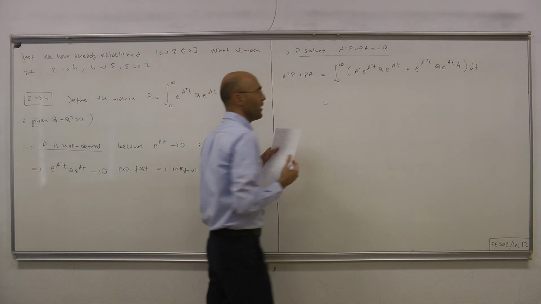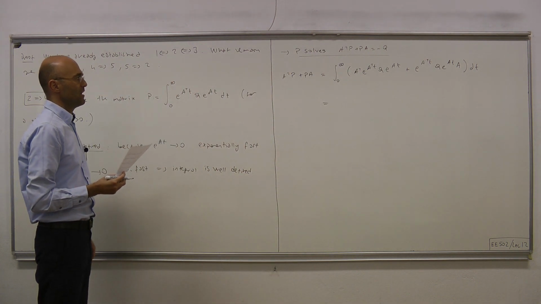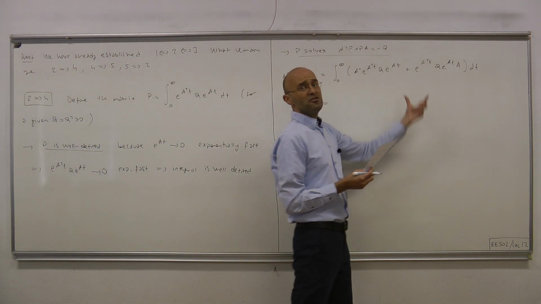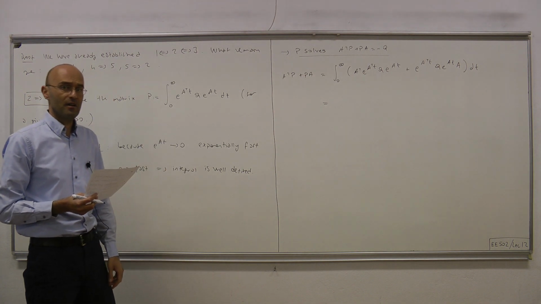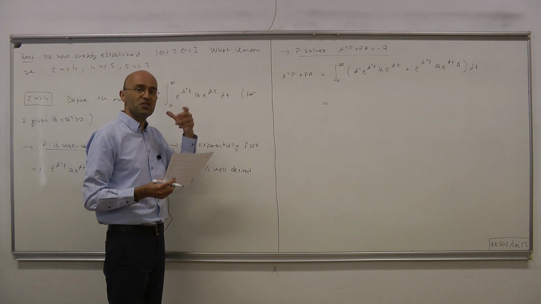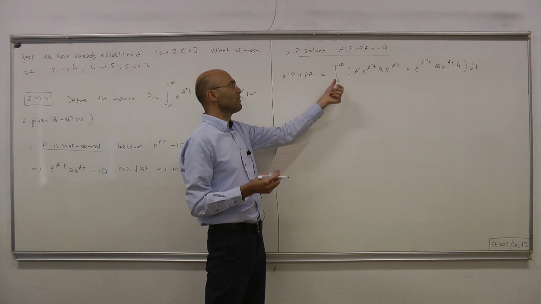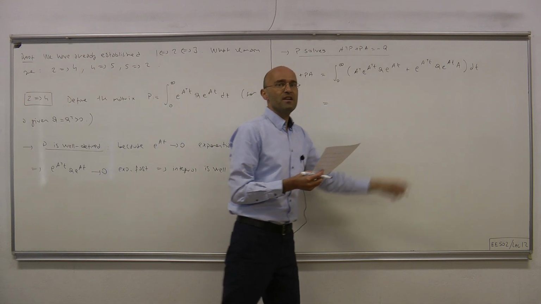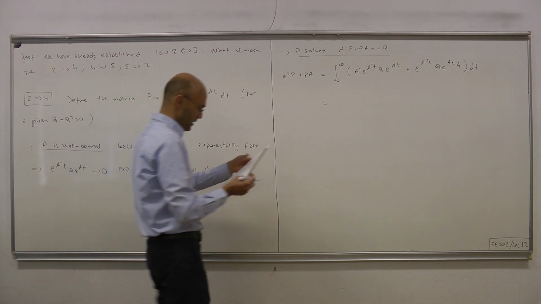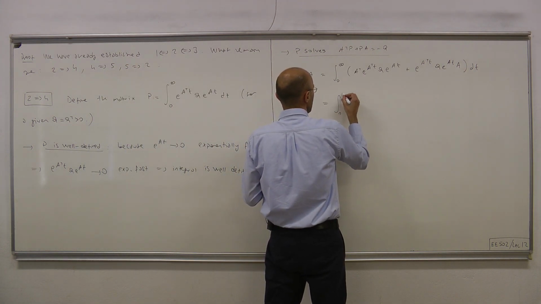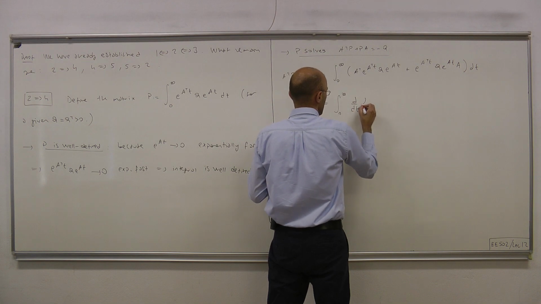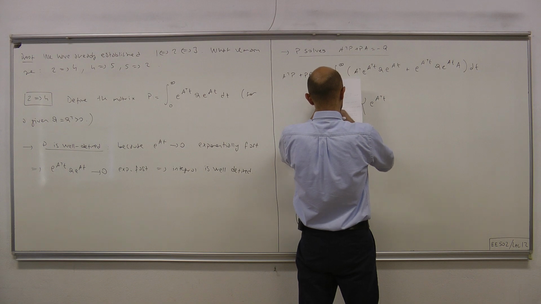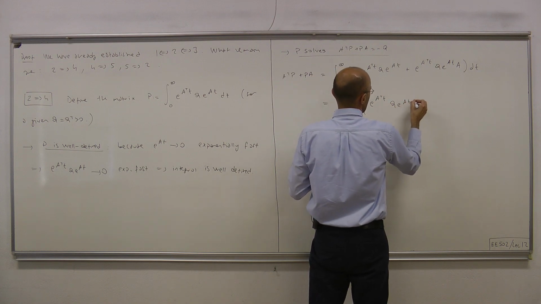Now the key point here is to realize that this integrand is the derivative of something. If you realize that it's the derivative of that something, therefore the integral will produce simply the thing of which this is the derivative. And that thing is e to the A transpose t, Q, e to the At.